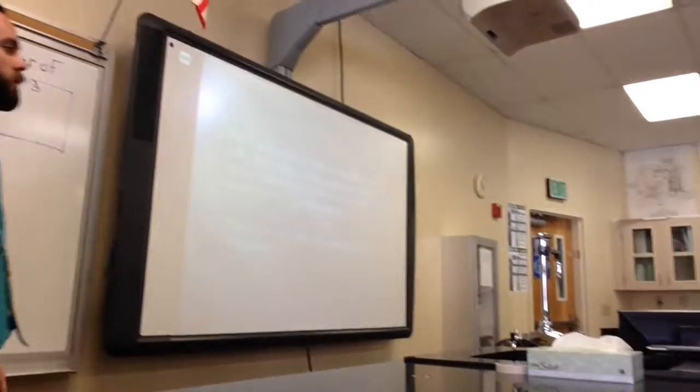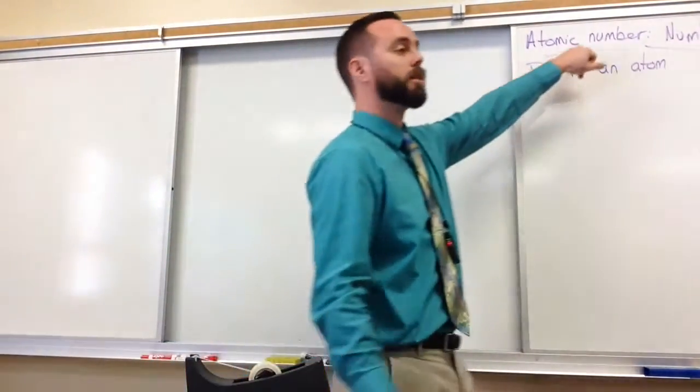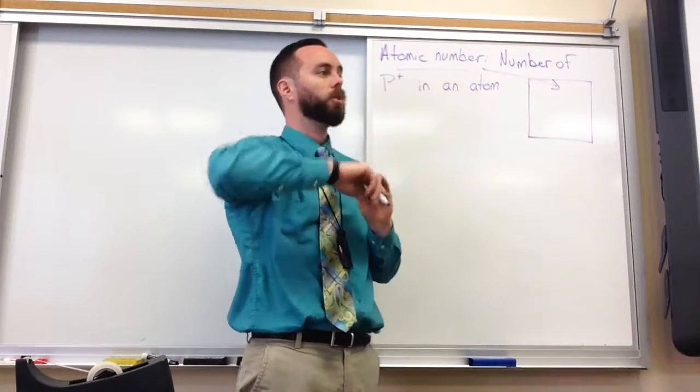For instance, if you guys have your periodic table handy, can you find sodium on there? Its symbol is Na, and it's on the left-hand side. Everybody found sodium? And if I asked you how many protons it has, you'd be able to tell me 11. It's the atomic number. So the number on top of it tells you the atomic number.